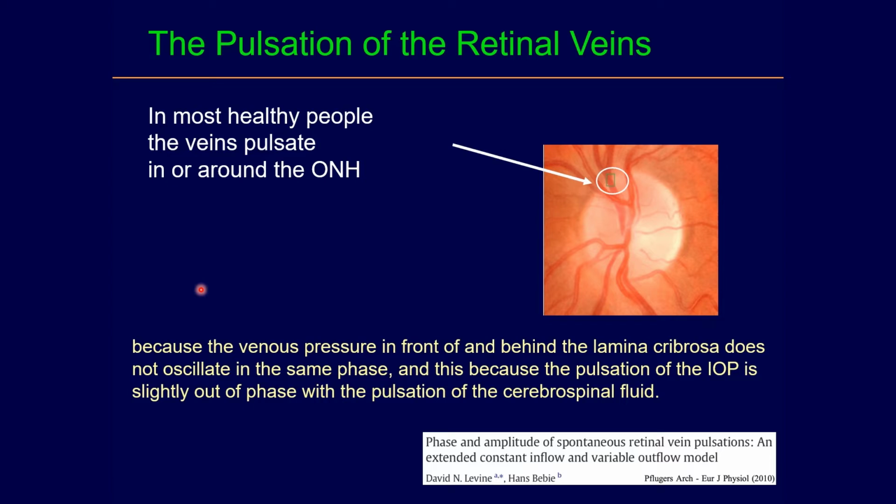A good explanation, together with the corresponding literature, I have summarized here. In our present context, however, more important than the cause of the pulsation is the fact that the pulsation tells us that the pressure in the pulsating vein roughly corresponds to the IOP.